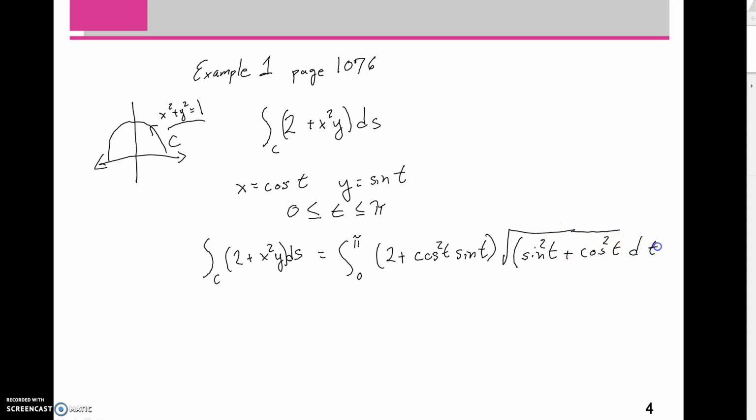And then that's dt. Now you just go ahead and do the integral, and you'll end up with 2 pi plus 2/3.